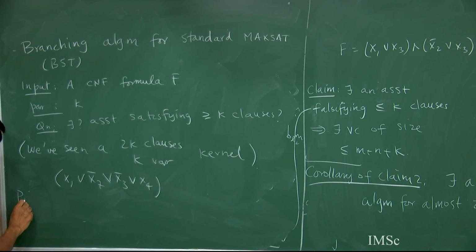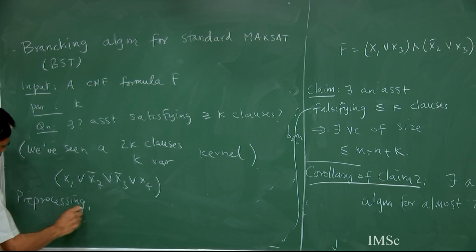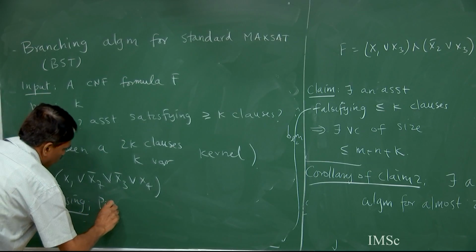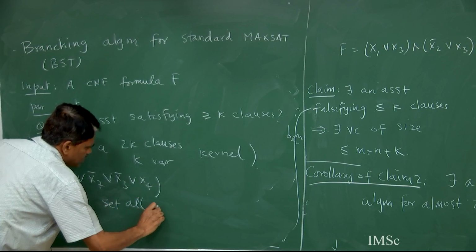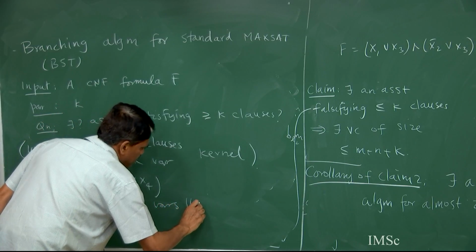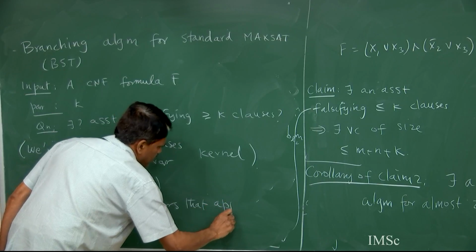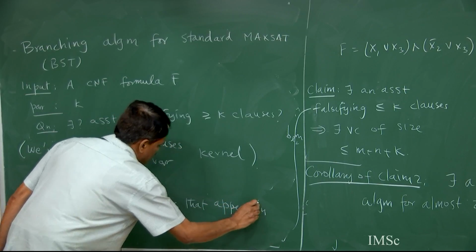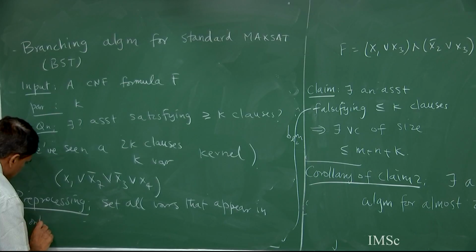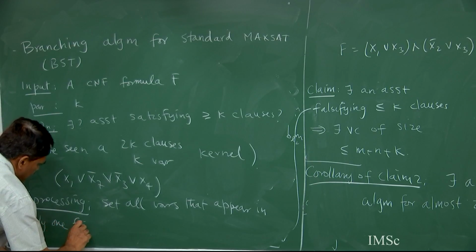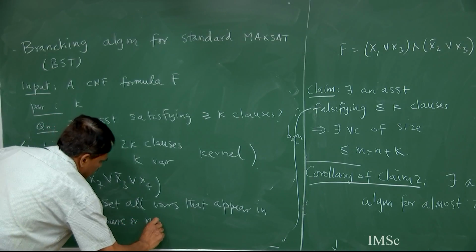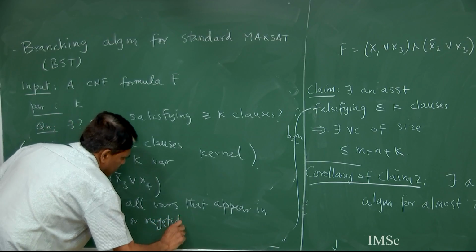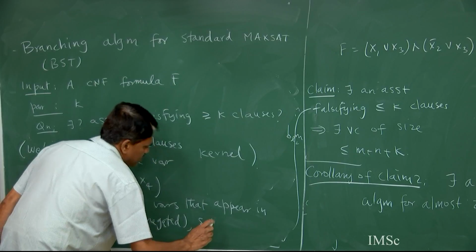So pre-processing: set all variables that appear in only one form, that is pure or negated, set the variable appropriately.